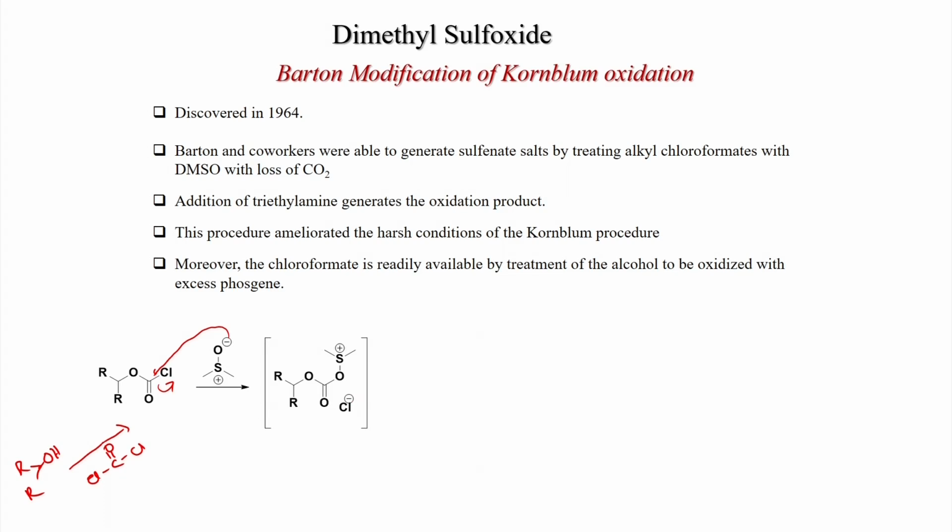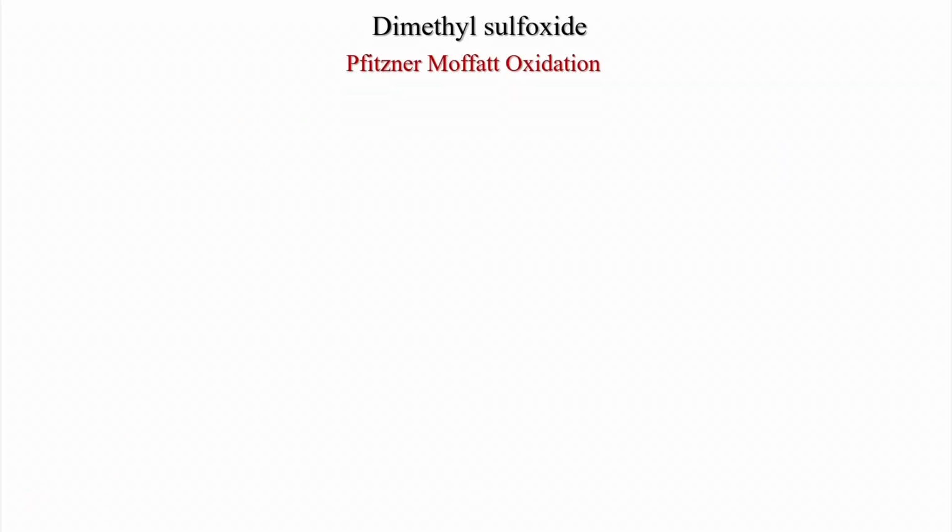And now, this derivative you can see that this oxygen can react here, and carbon dioxide can eliminate, and after carbon dioxide elimination you get the sulfinate salt. That was the main electrophilic species we have seen here. And now this one, after triethylamine, under basic condition, it can generate the carbonyl compound, triethylammonium hydrochloride salt and dimethyl sulfide.